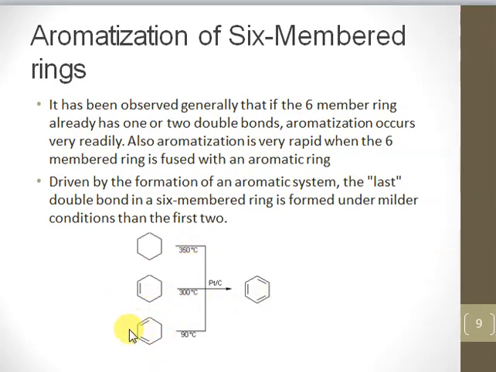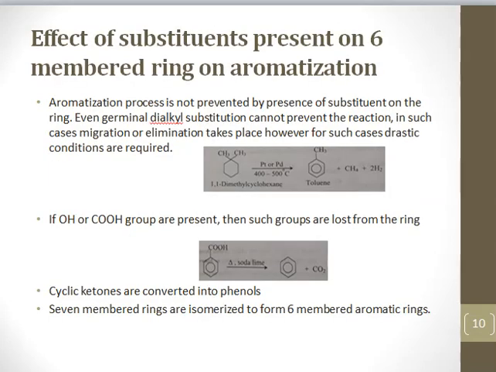But if you have two double bonds in the system, just see that only about 90 degrees is required to convert this substrate into product, right? It is generally believed and observed that the last double bond in the 6-membered ring is formed under the mildest conditions, because it's very easy to generate a double bond as the energy barrier has reduced to a very low amount.